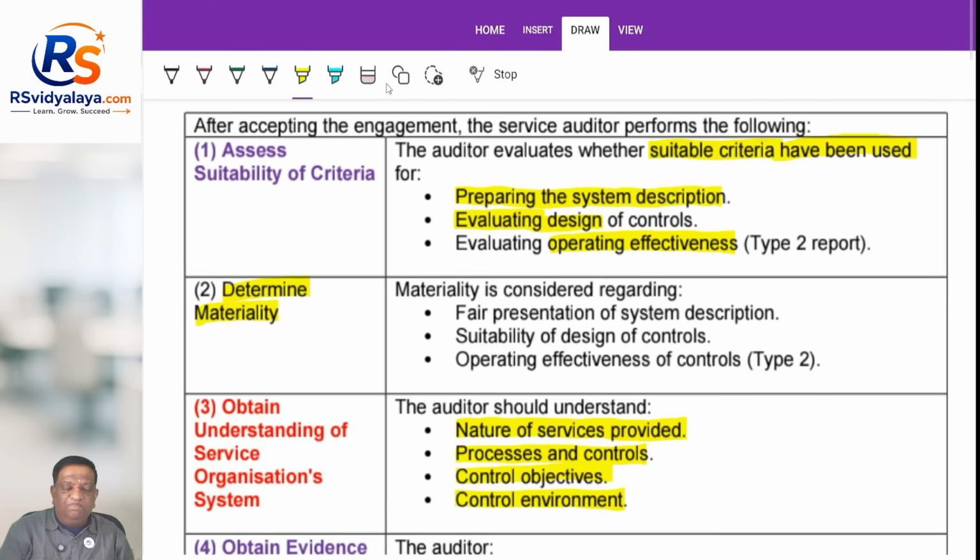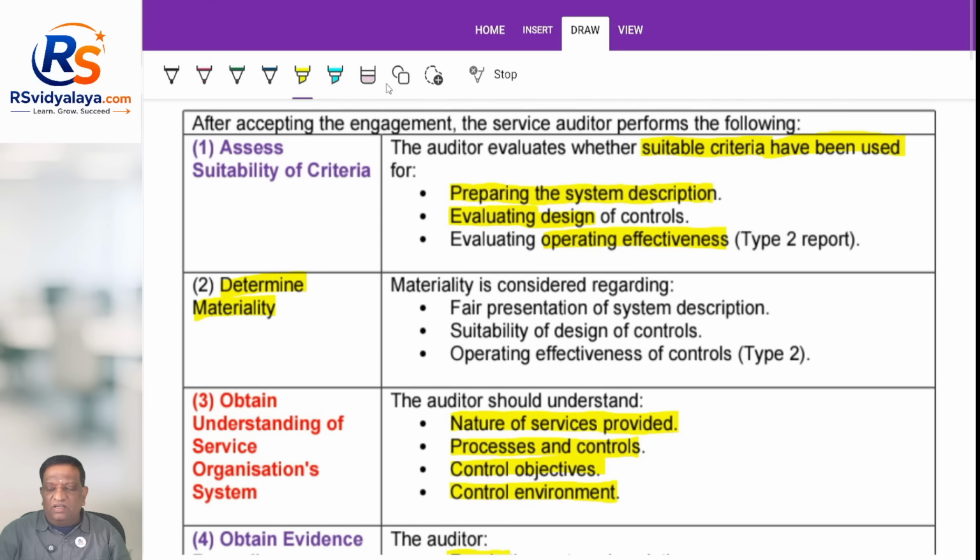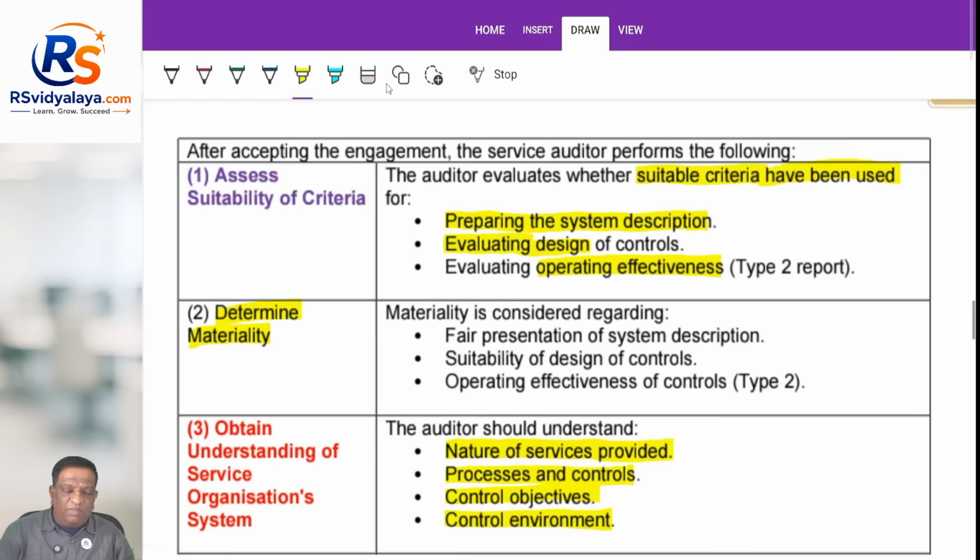As a user entity auditor, normally we verify the financial statements, balance sheet, P&L, notes to accounts, to satisfy assertions. But what is the service auditor verifying? The service auditor is not verifying financial statements, mind you. So this point is about the auditor of the service organization.